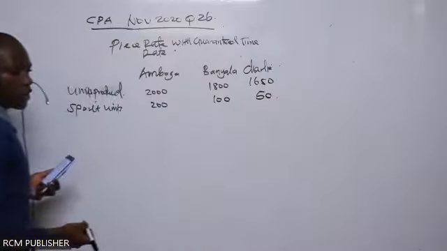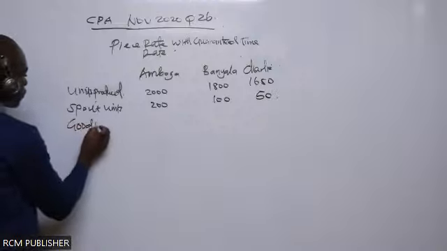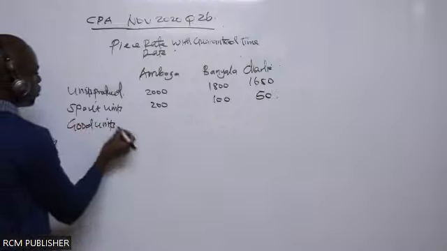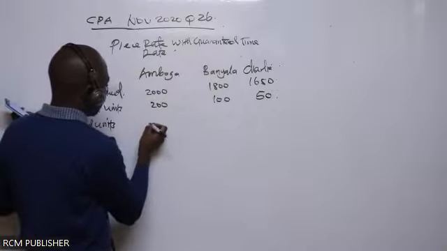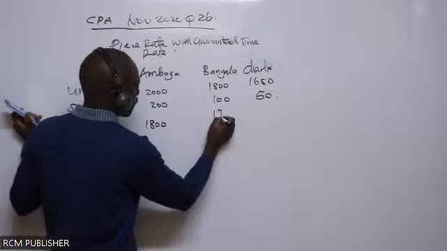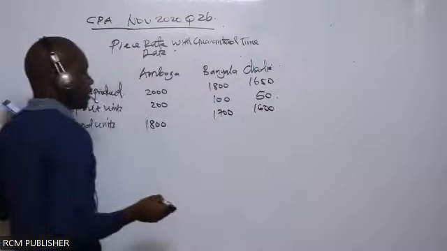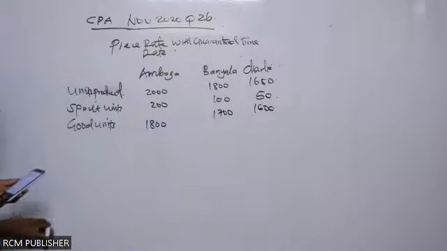So it means from that point we are able to get good units. The good unit is now the difference.